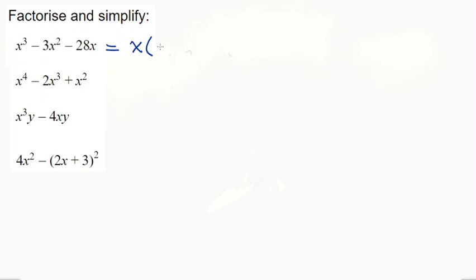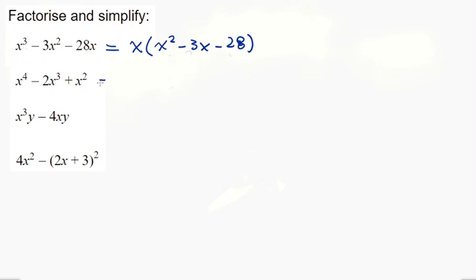So if we divide this by x, we'll have x squared, now the second one minus 3x, and the third one minus 28. Obviously we still have to factorize what's inside, but the first step is this one, and then we can just factorize what's inside using sum and product, as we have done before.